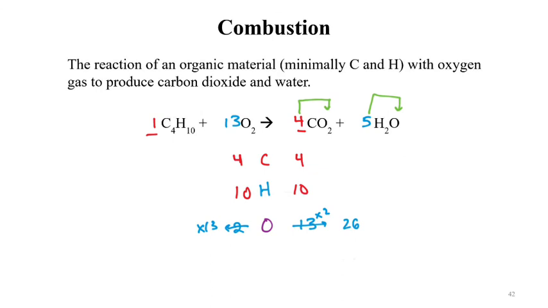Yes, you're timesing by 2, but what are you timesing by 2? Which one? This is why oxygen becomes tricky. Which one are you timesing by 2? You're timesing them both. And that's why that method of finding the lowest common multiple for those gets on shaky ground, because oxygen is showing up in 2 different places.